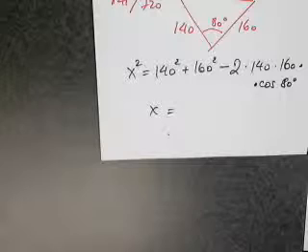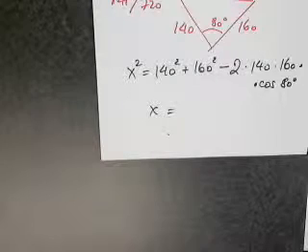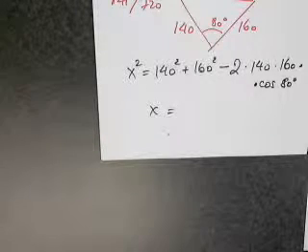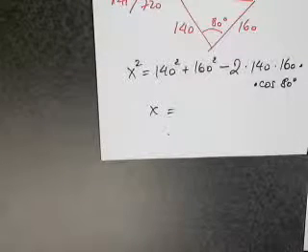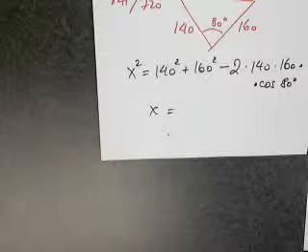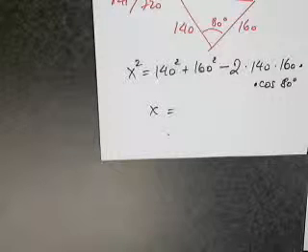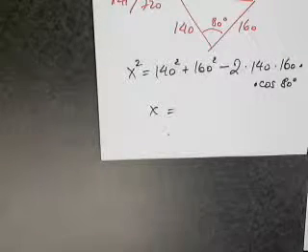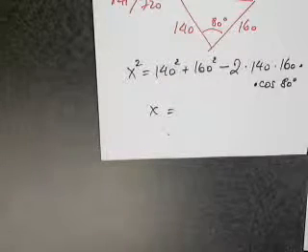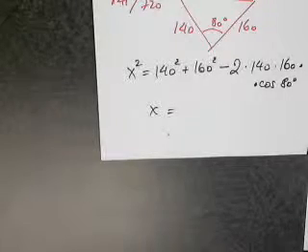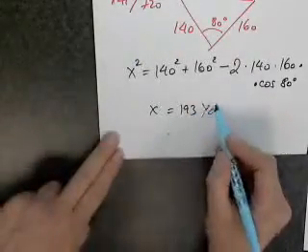So I have 140 squared plus 160 squared minus 2 times 140 times 160 times cosine, make sure it's in degrees. I did change it, didn't I? Good. So I get a number, but then I have to take the square root from this number. So second and the square root and the previous answer. Or you could have put it from the beginning. So we get 193 approximately. Whatever that was, I think it was yards.